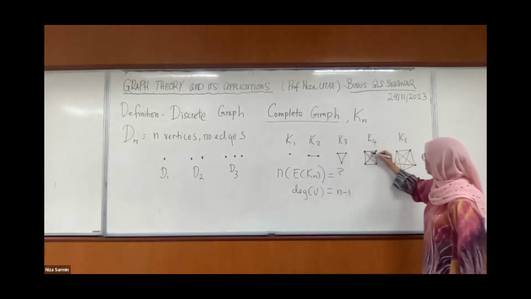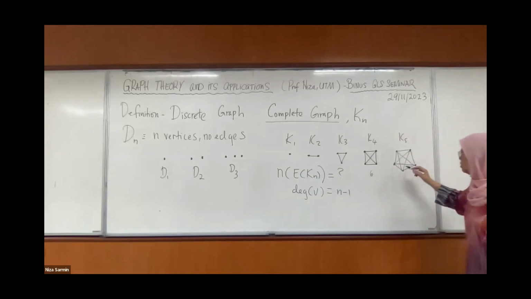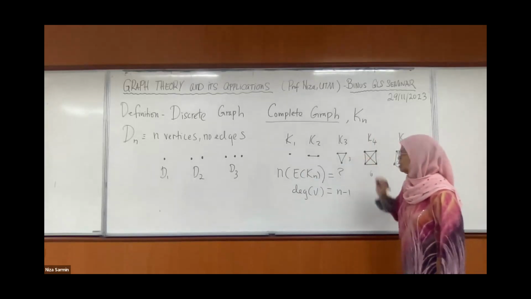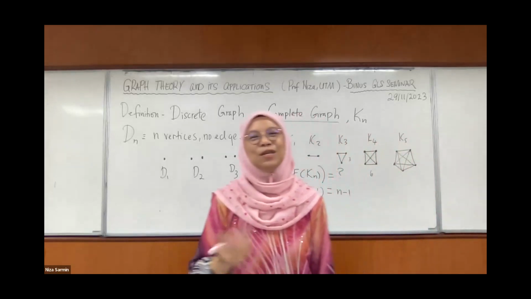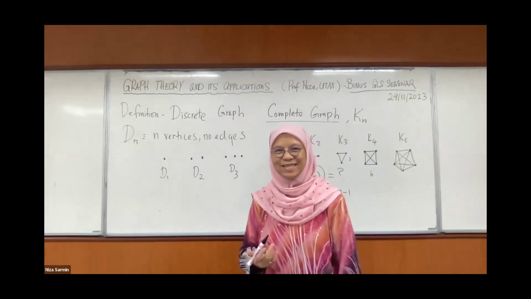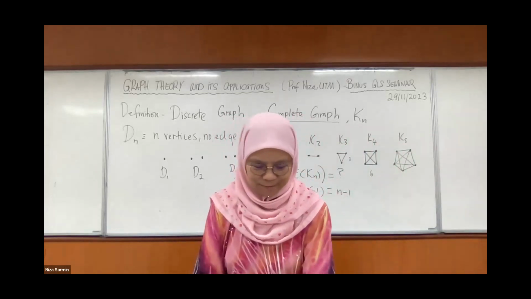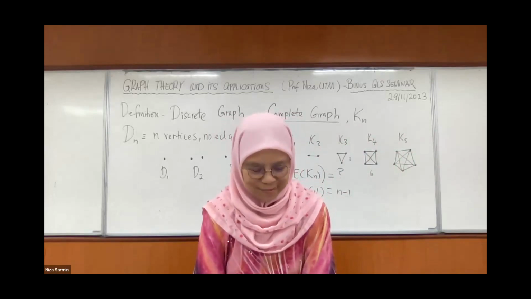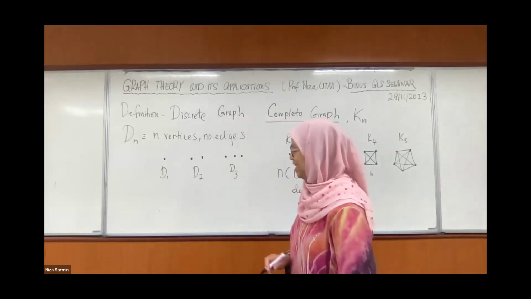You see, this one has 1, 2, 3, 4, 5, 6. This is 3. That's the formula. Anyone has any answer? You can try and Google. It's a formula, I'm not going to tell you.